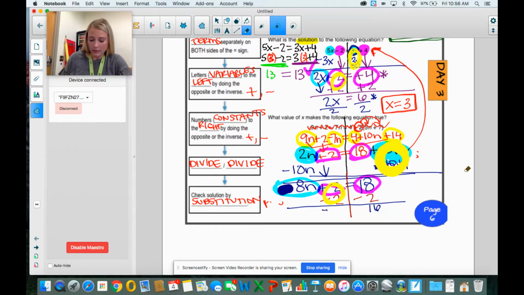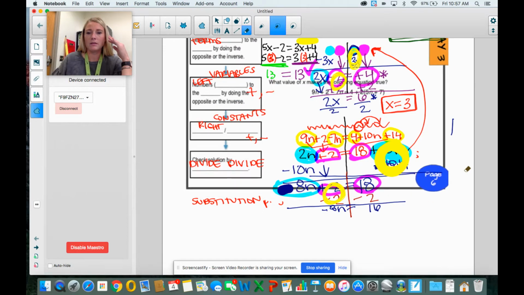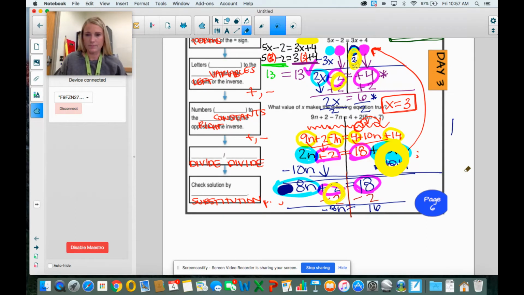So I've got negative 8n equals 16. I'm sorry I scrunched it in there.